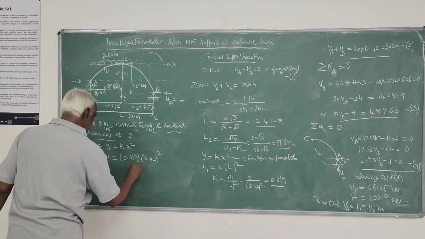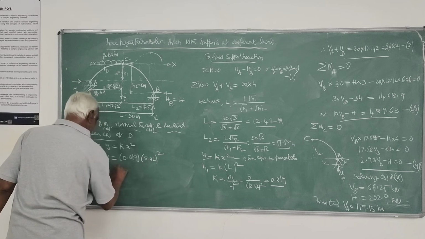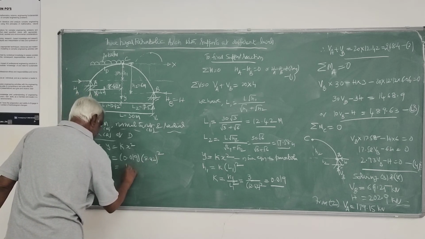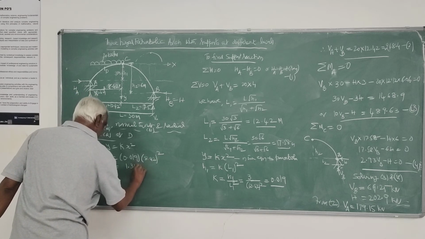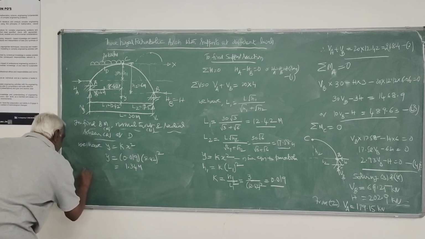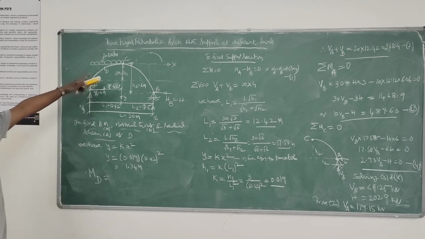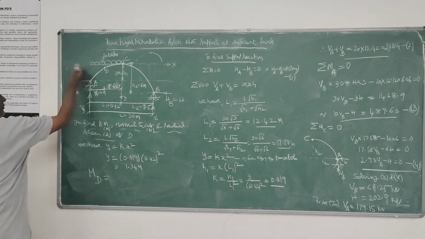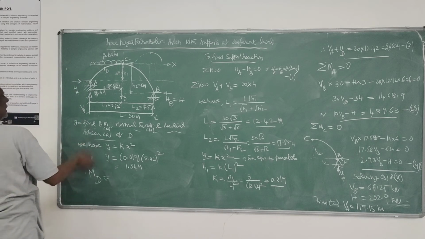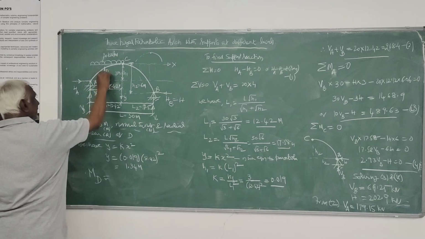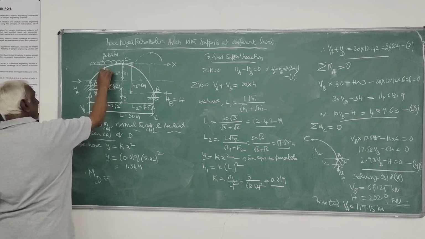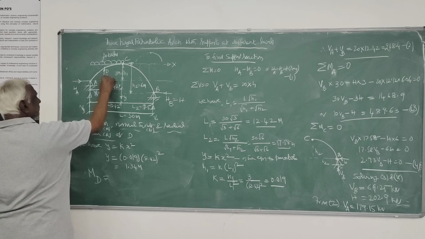So this is 1.34. Therefore, MD, the bending moment about the point D, you take the free body diagram towards this side. This is our actual height required, y1.